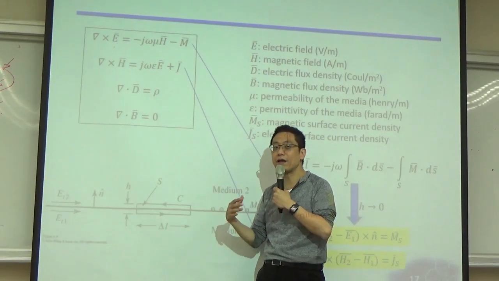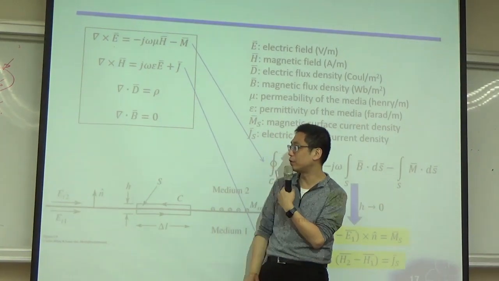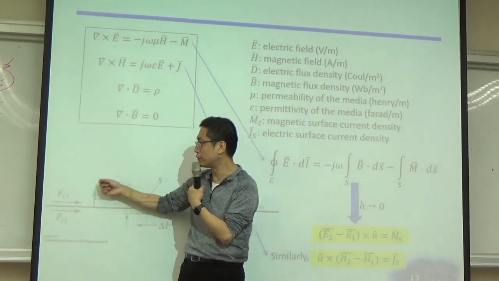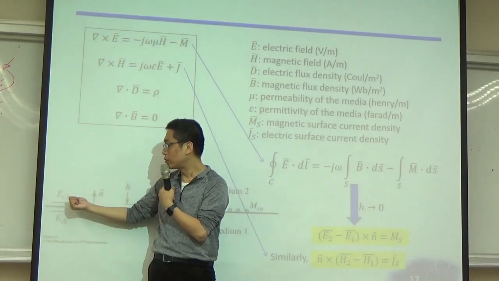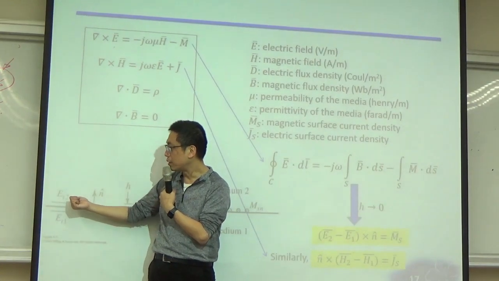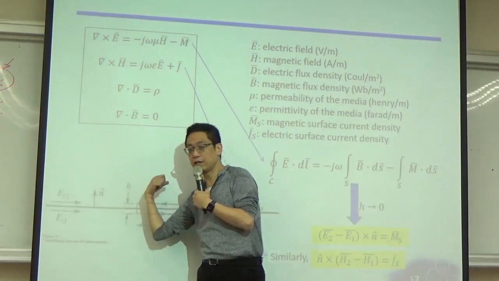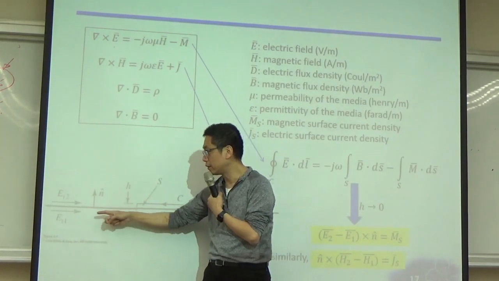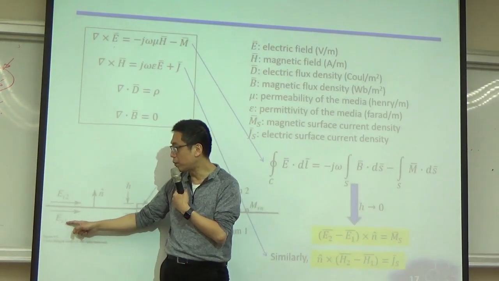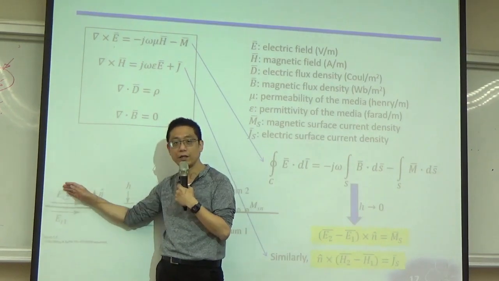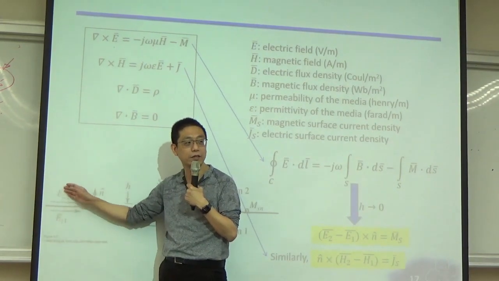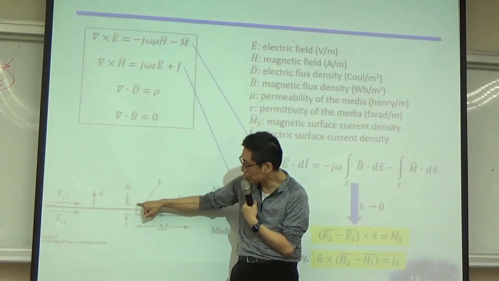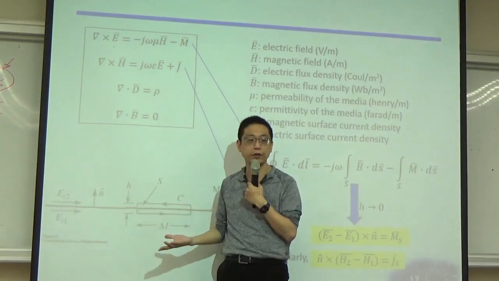Very similar thing happens here: if you define the E field in media 2 in this direction, and you also define ET1 in the same direction, they need to subtract from each other because of the direction of this and this line.